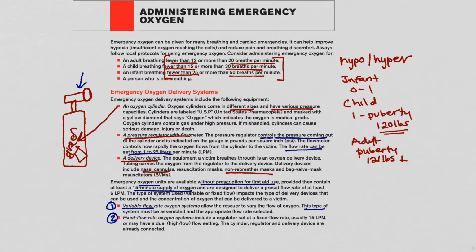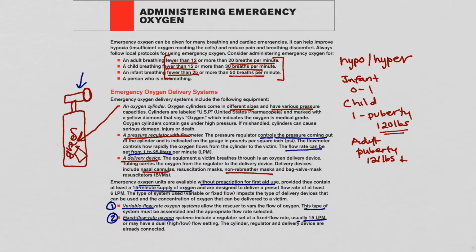With your fixed flow rate oxygen systems, these already come together assembled, and they have only one rate at which they actually flow. So an example would be if you're searching the internet for an oxygen tank, you could purchase one that only delivers 15 liters per minute, or only delivers 5 liters per minute, and there are bonuses and then there are negatives to this.